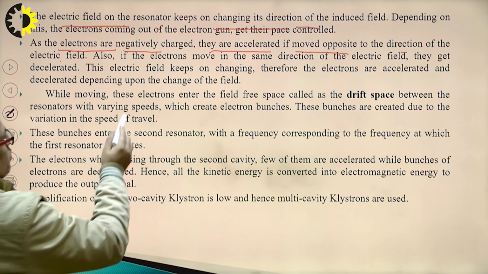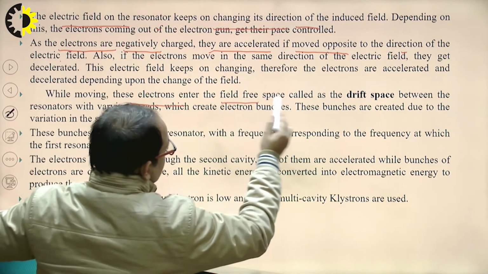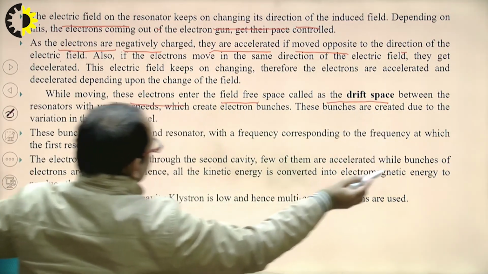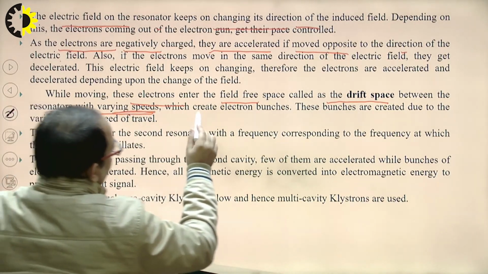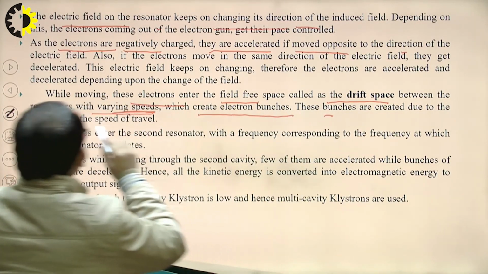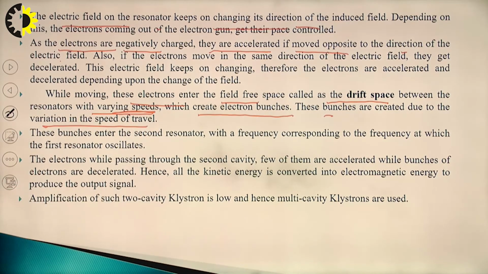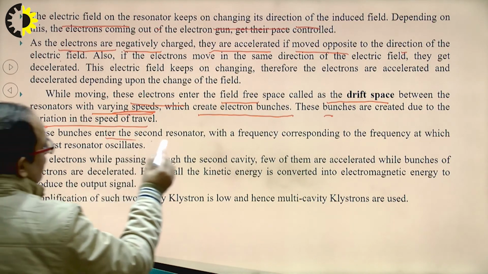Okay? While moving through the field space, this is not drift space, with varying speed, which creates electron bunches. These bunches are created due to the variation in the speed of electrons. Clear?